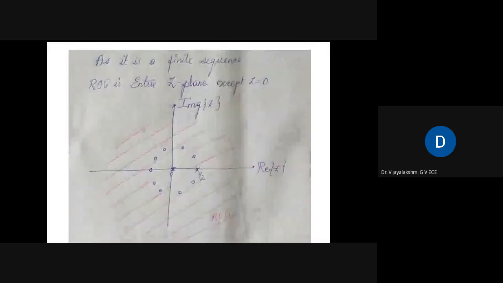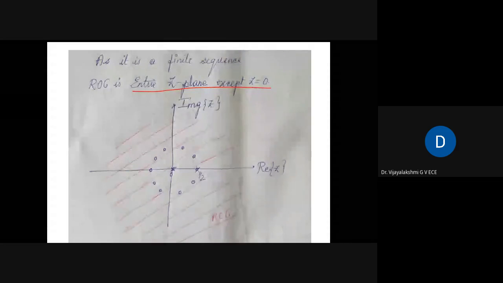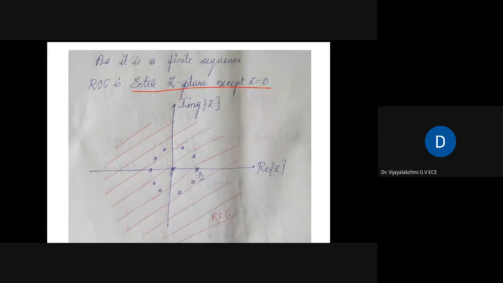So now let us plot this ROC: the entire Z plane except z is equal to 0 or z is equal to infinity. Now what are all these? It's nothing but the zeros and poles we have plotted. In the x of z expression, if you solve the numerator, we get the zeros: z power 10 minus half power 10 gives the zeros.